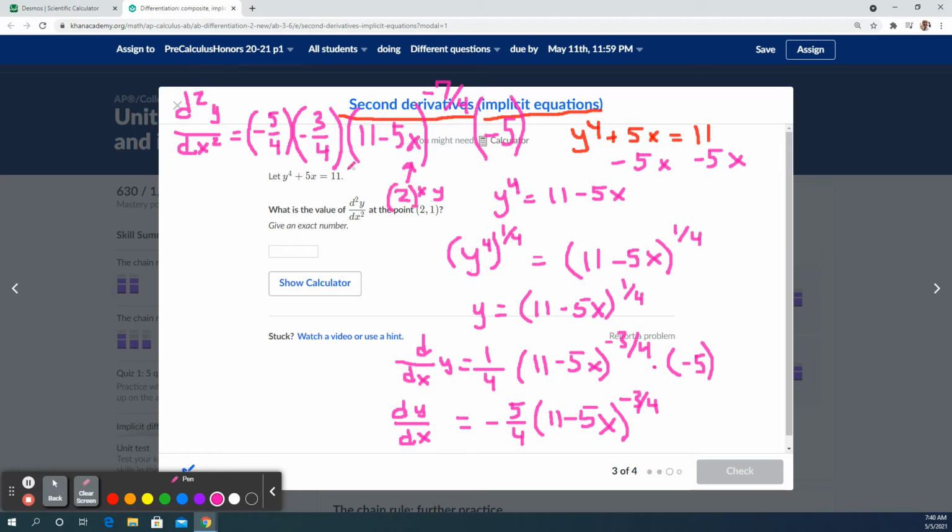And I'll just combine what I can. This is a negative 5 times 5, negative 25, times 3 is 75. There are 3 negatives, so that's going to be negative 75 over 4 times 4, which is 16.